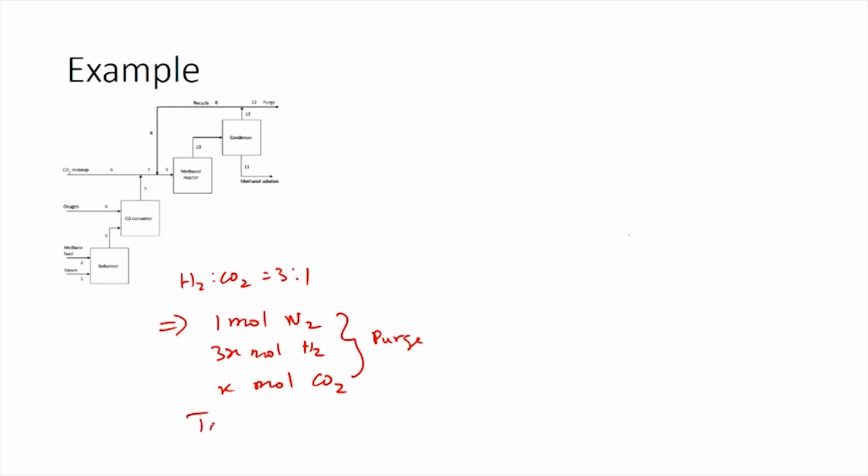The total purge is calculated already as 20 moles. So, what we can do is 3x plus x plus 1, which is the total number of moles of the purge stream, is equal to 20, giving you x as 4.75 moles.